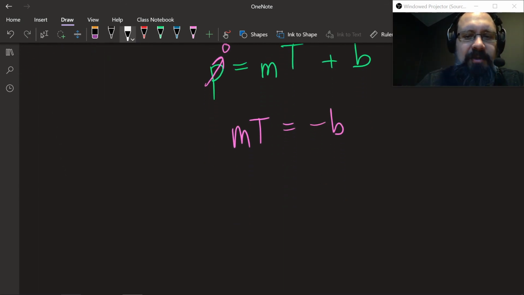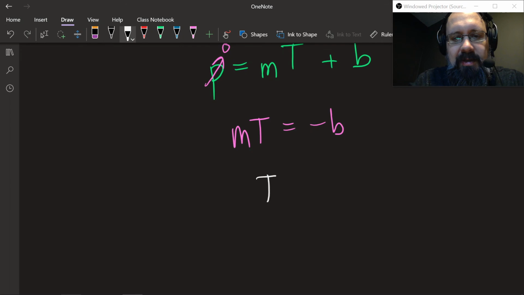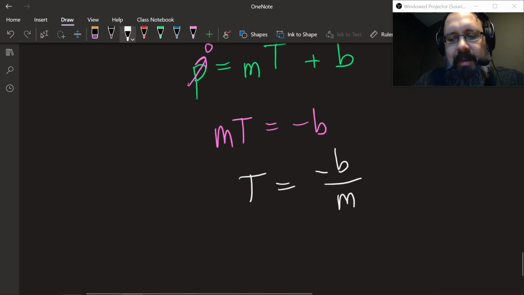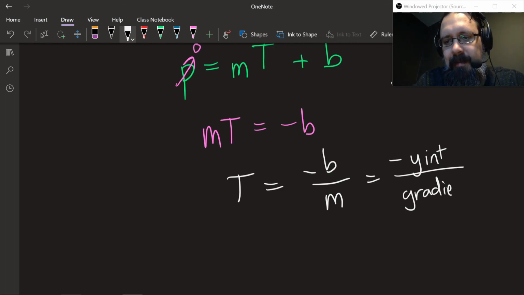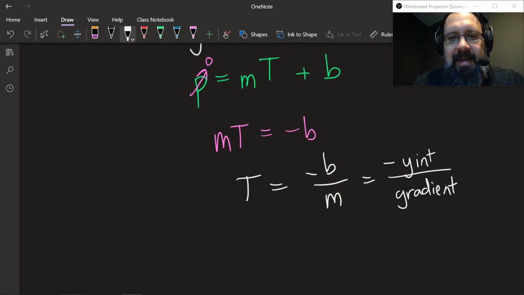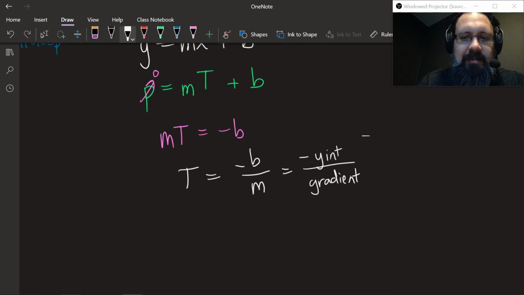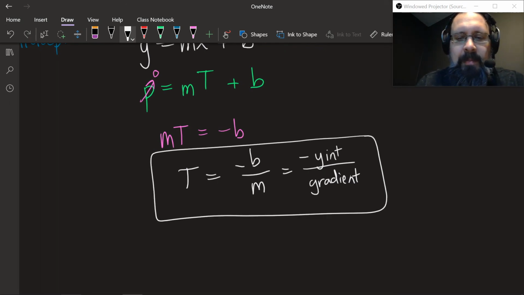So the absolute zero temperature is going to be negative b divided by m, where b is the y-intercept and m is the gradient. So this is how we're going to find the absolute zero temperature. We'll find the y-intercept of our data, and then we'll divide by the gradient of our data. So this is going to be found from our data alone.